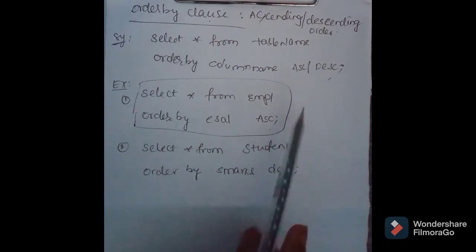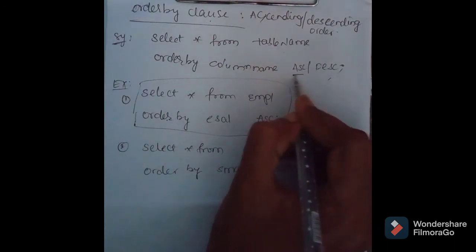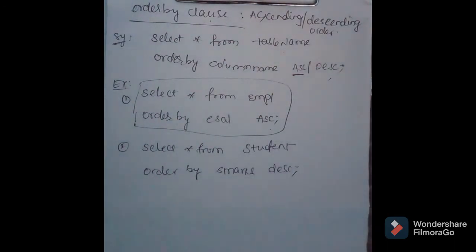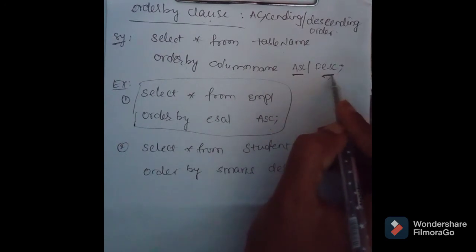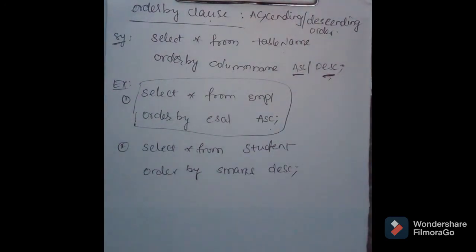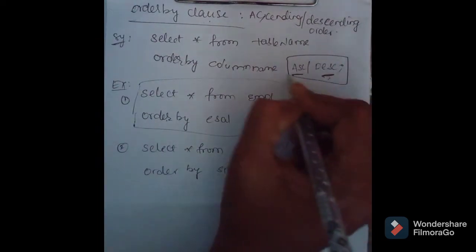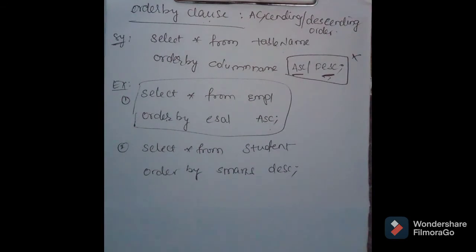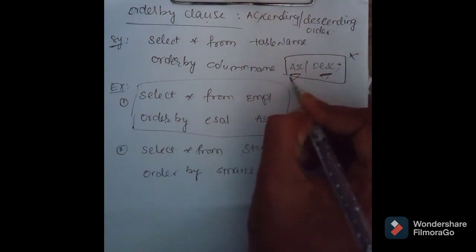For the ascending order, you have a keyword called ASC. You can write that in capital letters or small letters. To put the values in descending order, you have DESC as the keyword. Clear? So by default, if you are not specifying either of these two, the order by clause treats the column in ascending order only.